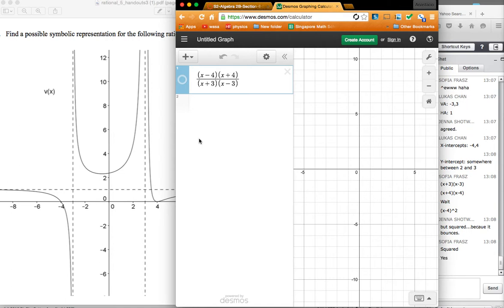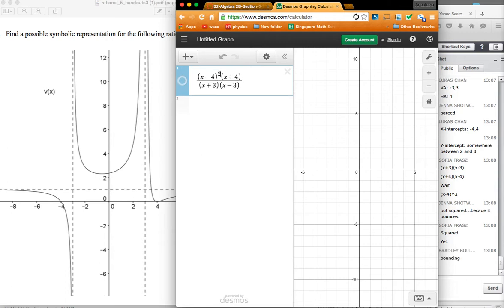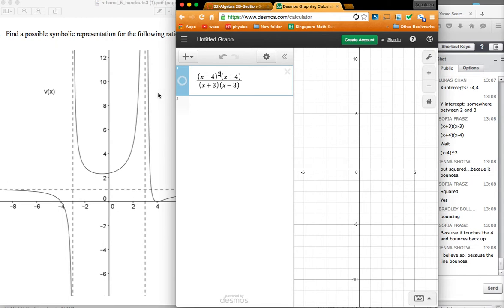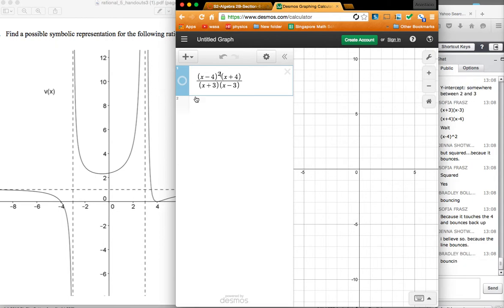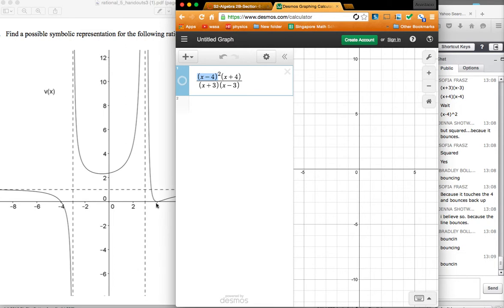Now, why is that? Why would you suggest something crazy like that, my friend? Because of bouncing. Because what happens over here is the graph comes down at positive 4, and the x-intercept that tells me x is positive 4 is this one right here. Hits that point right there, and it doesn't go through, it bounces off.